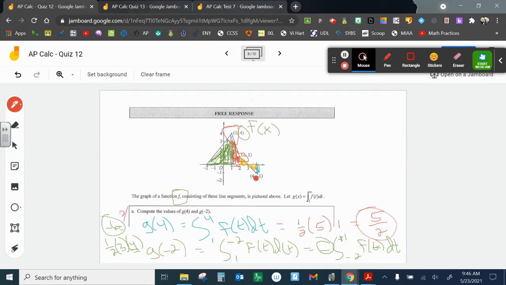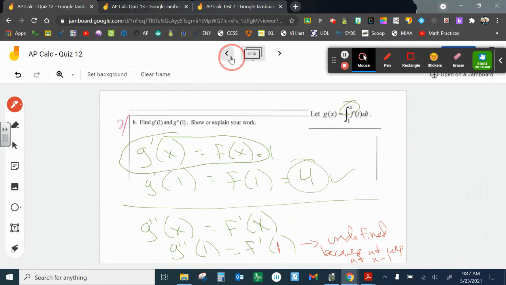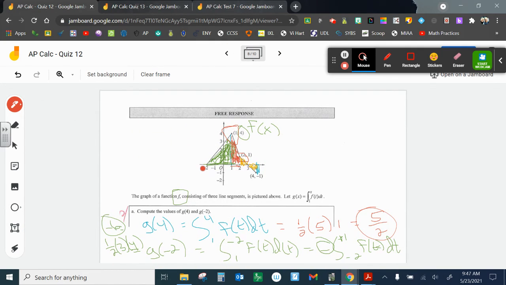So between -2 and 4, let's see if I can find a relative max or a relative min of g of x. Well, I should know that whatever my value is as I'm going, it's all positive all the way till I get to 3.